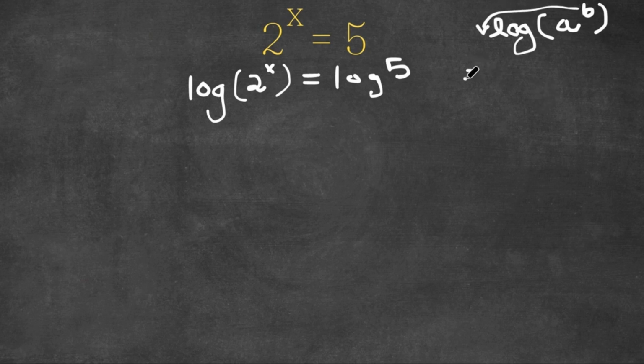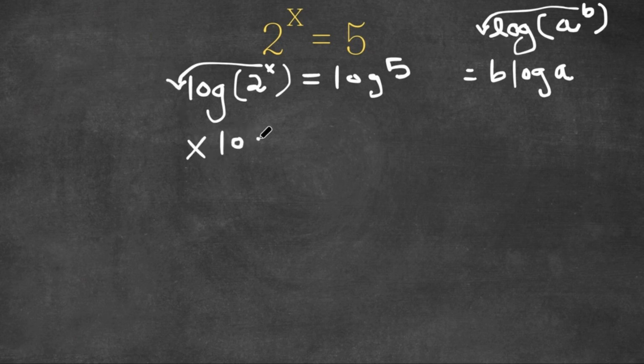This means that this would equal b times log a. So as you can see, we have log 2 to the power of x, and we can actually move the x to the front of the logarithm using the power property of logarithms. So now this would equal x times log 2 is equal to log 5.